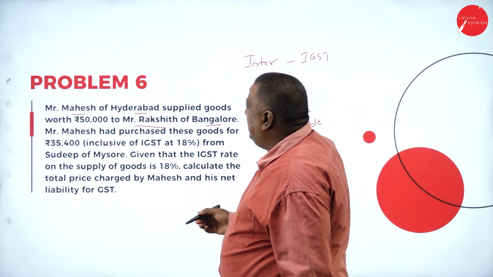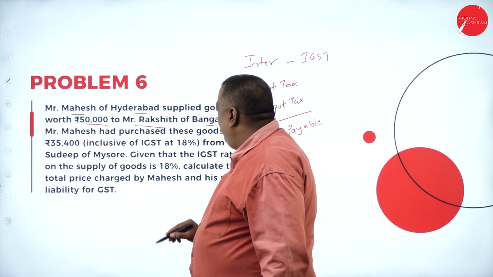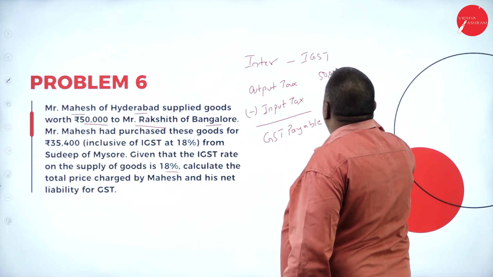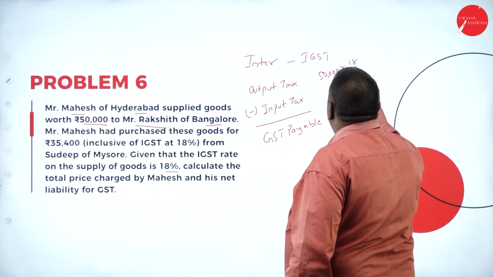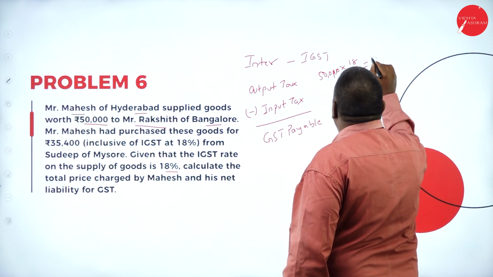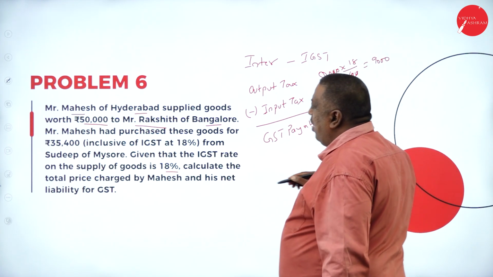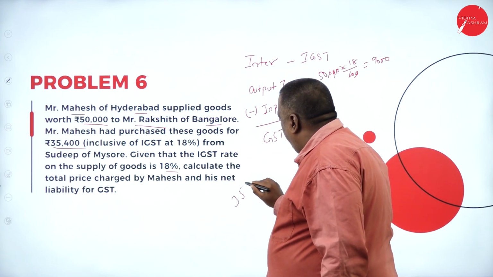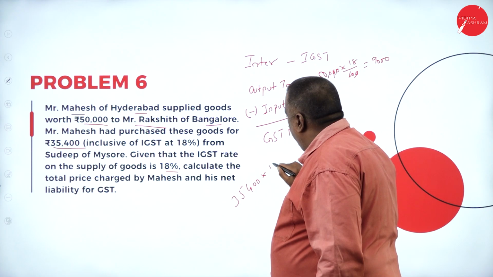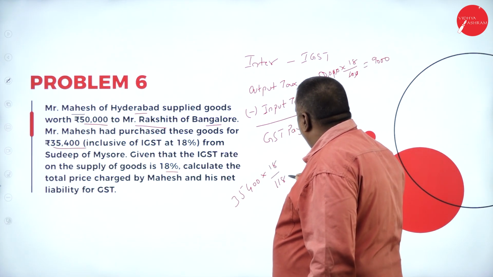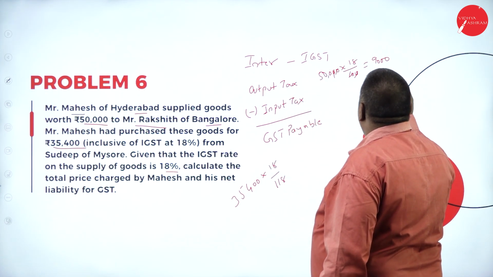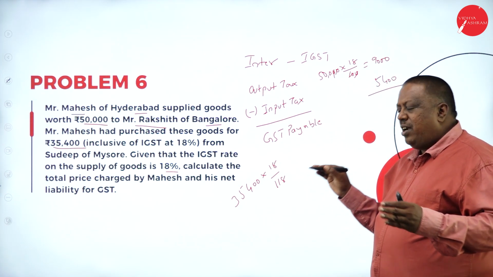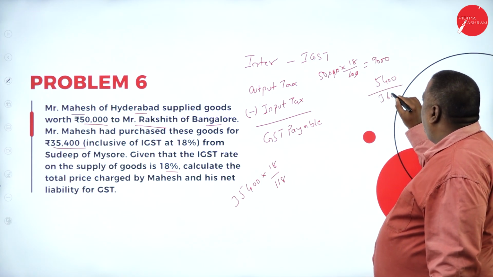So what is the output tax I'm collecting here? 50,000 into 18%, that is nothing but 9,000. What is the tax I've paid to the government here? 35,400 into 18 by 118 will be 5,400. So I have only paid tax of 5,400 to the government; the remaining 3,600 has to be paid.